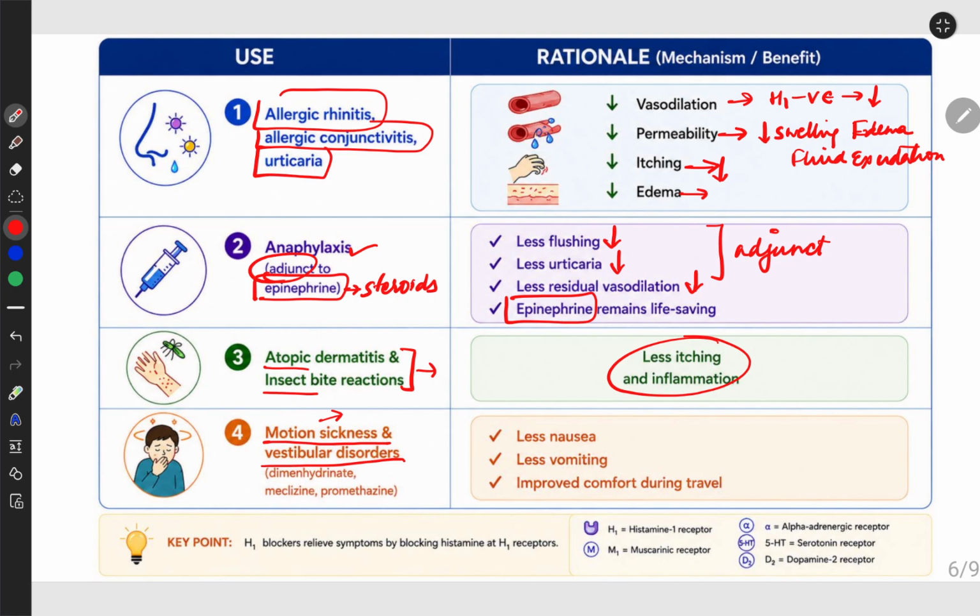It can be car sickness, it can be sea sickness when you're traveling on a ship or on a boat, where there is a lot of mobility and the vestibular region is constantly being stimulated, that activates your vomiting center. And by blocking the M1 receptors in addition to H1 receptors through their CNS penetration, these drugs lead to reduced nausea and vomiting, and they improve comfort during travel or during vestibular disorders.